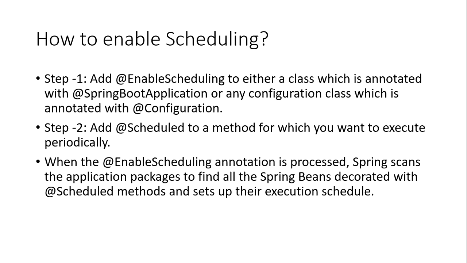As a next step, you need to add the @Scheduled annotation to a method which you want to execute periodically. You can have more than one method also. You can have four methods annotated with @Scheduled, and in that case, the four methods will run periodically as per your configuration.